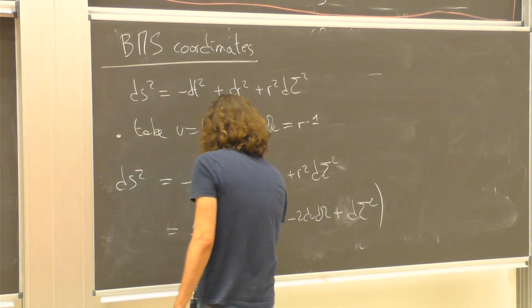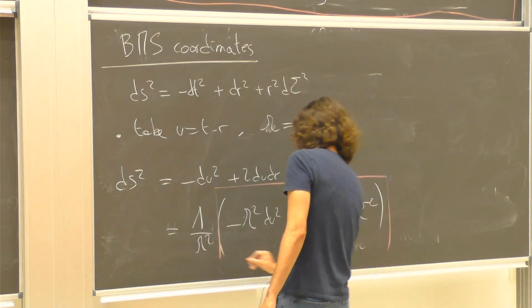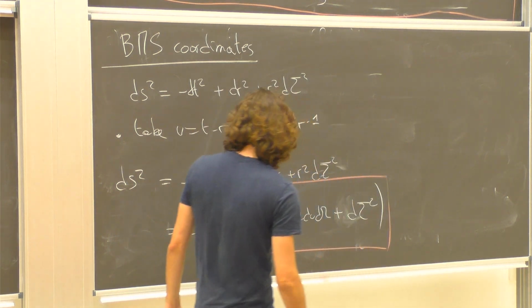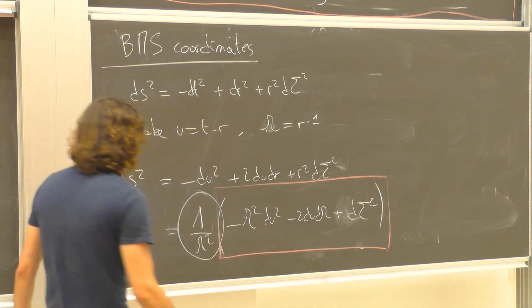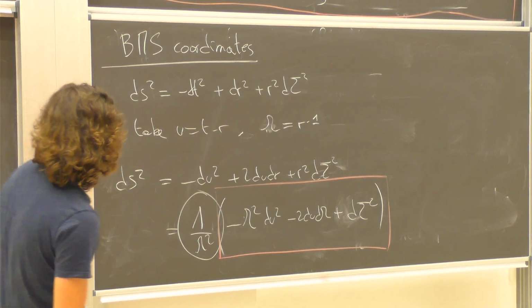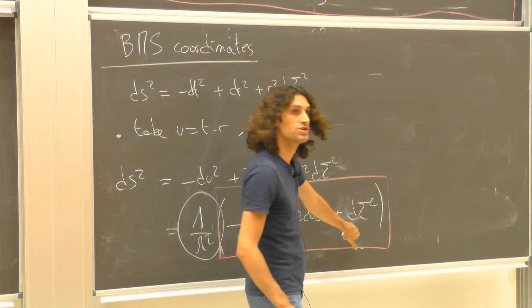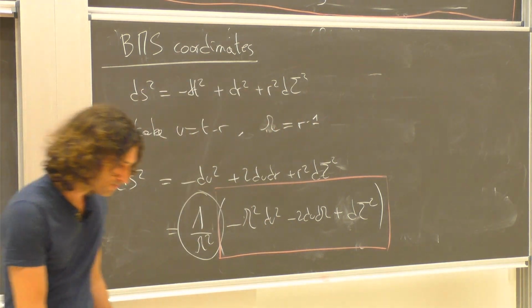So this is, again, the unphysical metric. And this is the conformal scale. But now, the induced metric at scri is really just genuinely the sphere metric.